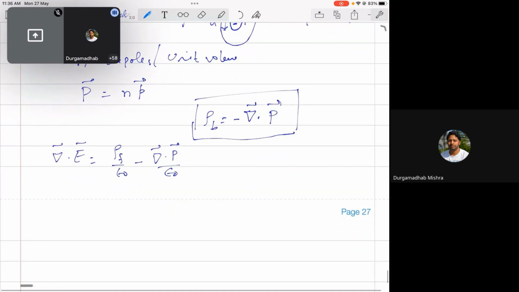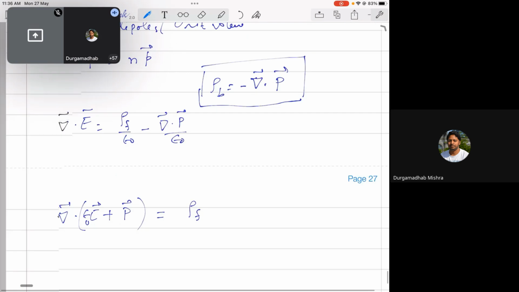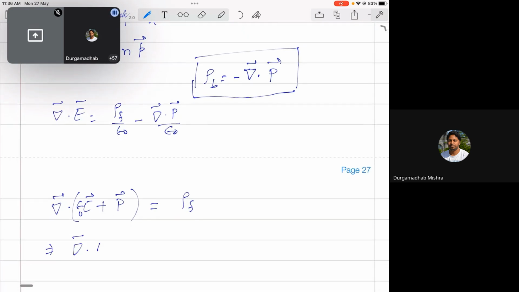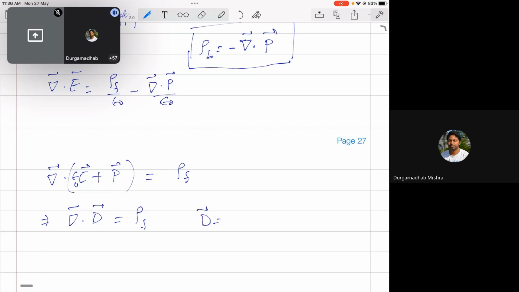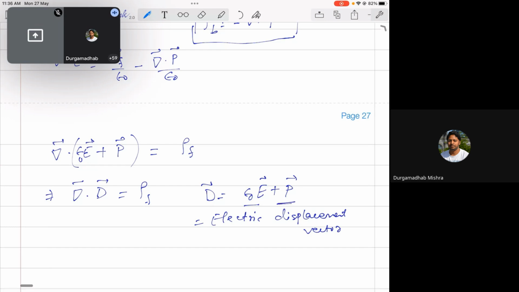If we bring all the divergence terms to the left hand side, we get del dot (epsilon naught E plus P) equals rho F. We define this with a new vector, the electric displacement vector D, which we define as epsilon naught E plus P. So this is your electric displacement vector, which has the electric field plus the polarization that is induced due to this external electric field.